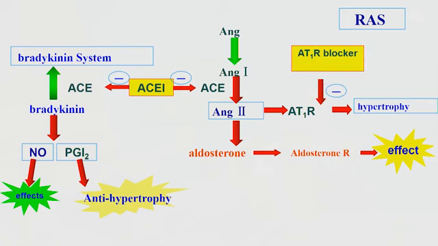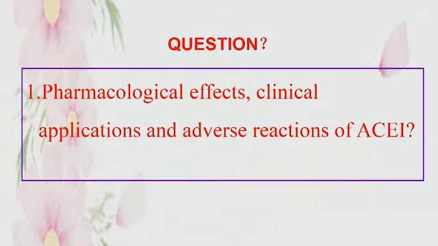And just now we also mentioned the second inhibitor, ARB, angiotensin II receptor blockers. Two questions. The first one is the pharmacological effects, clinical uses, and adverse reactions of ACEI. The second question is the difference of ARB from ACEI. Okay? Class finished.